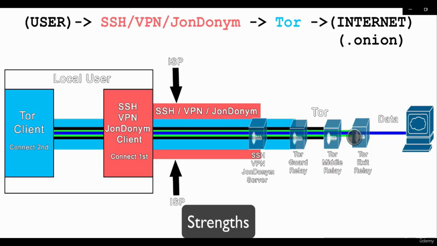And Tor helps to reach data by SSH, VPN or Jondonym. Whenever you want to go to your desired data by SSH, VPN or Jondonym, your ISP would be helpful for you.